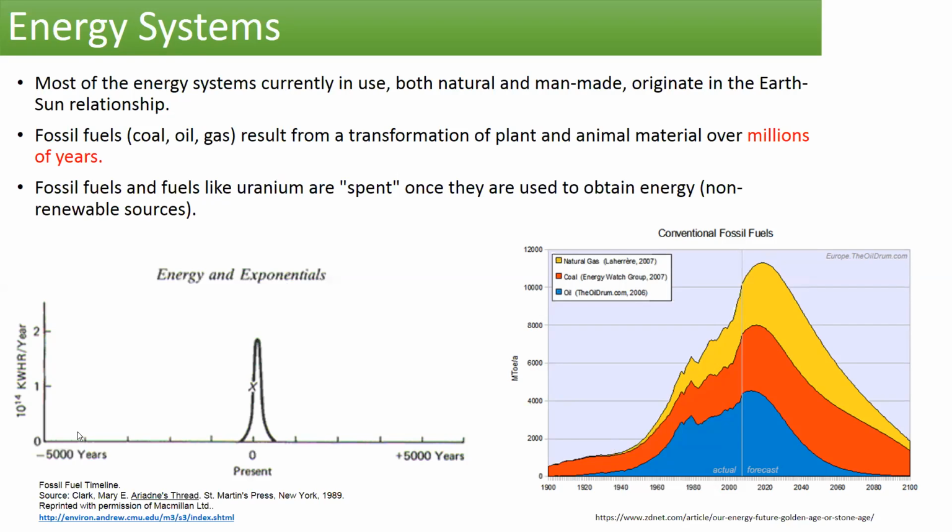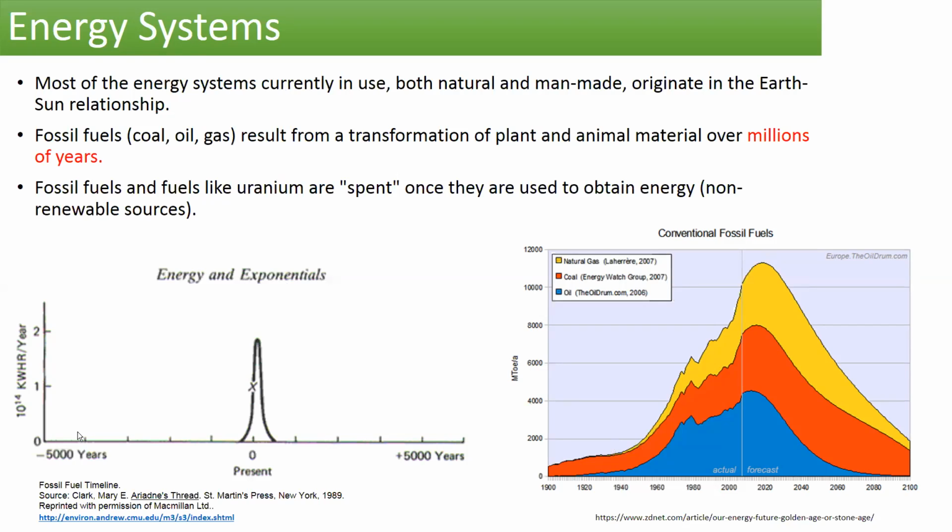On the right side of this slide, you can see the years from the 1900s all the way to 2100s, the amount of energy and the kind of energy that we use and that we think we are going to use later on. So the blue line is basically the oil, the red line is the coal, and the yellow one is the gas.